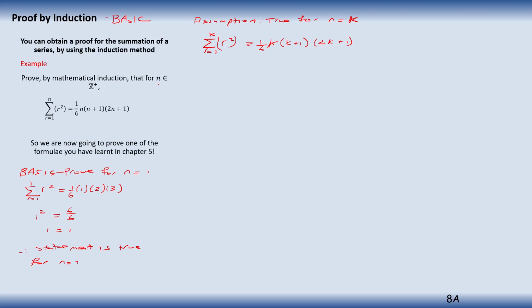Okay, so we start with when r equals 1, we have 1 squared, r equals 2, 2 squared, and so on. I'm going to put my dots now, plus all the way up to k squared. That's going to be equal to, on the other side, what we've already got. I don't think we expand that out. 1/6 of k, k plus 1, and 2k plus 1.